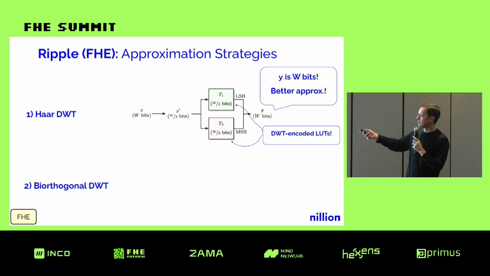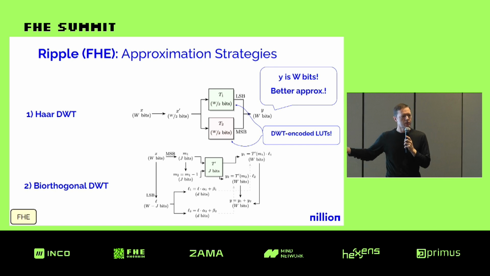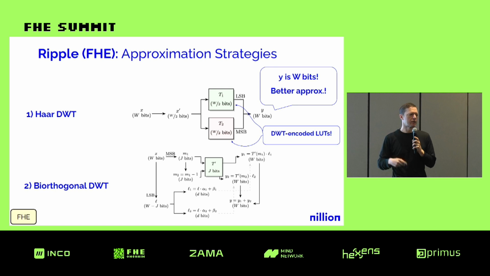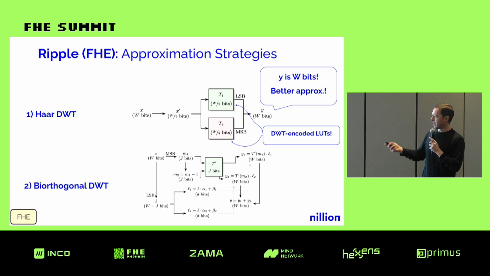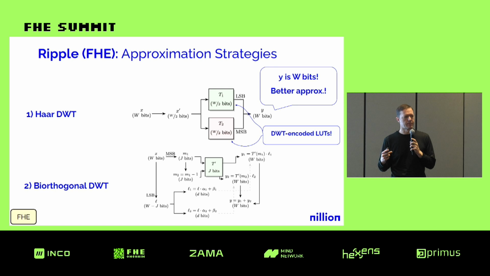For Haar, it looks like this. And for biorthogonal, the protocol looks a little bit more complex, but in essence it is evaluating a smaller lookup table and then doing some homomorphic operations and combining the results. So essentially something quite simple. And this J parameter, which determines the size of the lookup table, has to do with the number of times you apply the DWT. The more you apply the DWT, the smaller the lookup table that you end up evaluating.